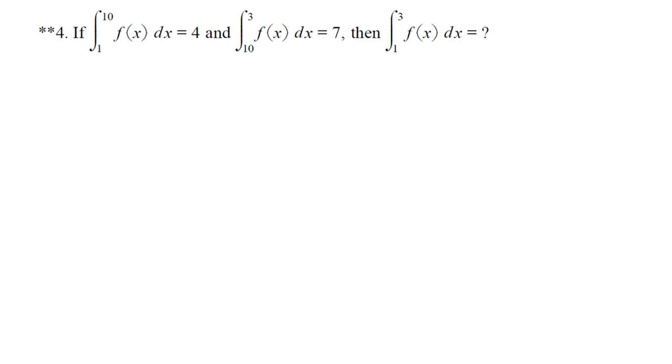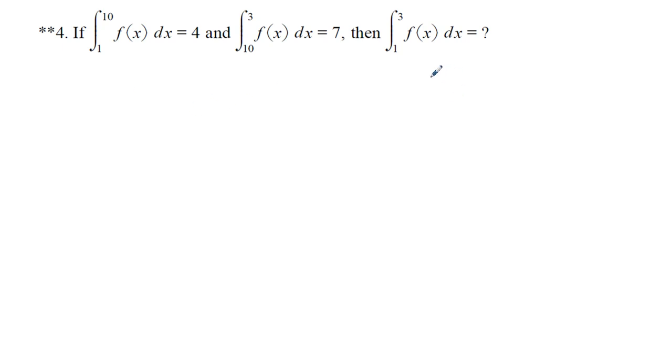Next, our last problem. If the integral from 1 to 10 of f(x) dx equals 4, and the integral from 10 to 3 of f(x) dx equals 7, then the integral from 1 to 3 of f(x) dx equals, I don't know what.